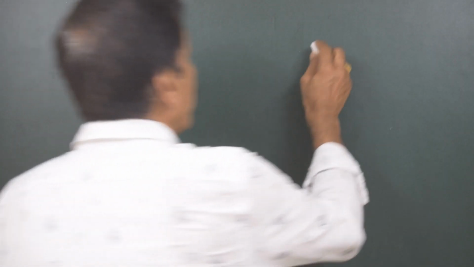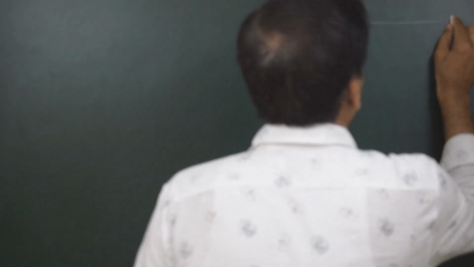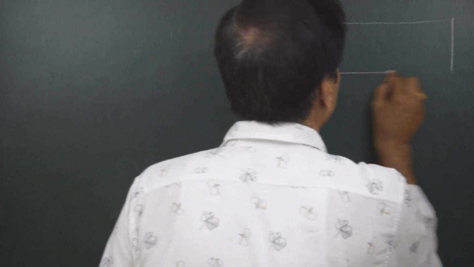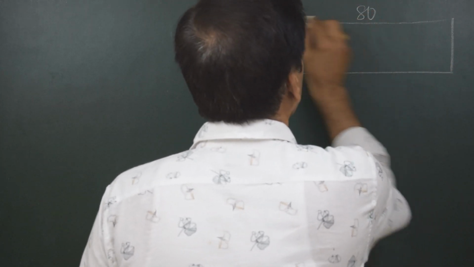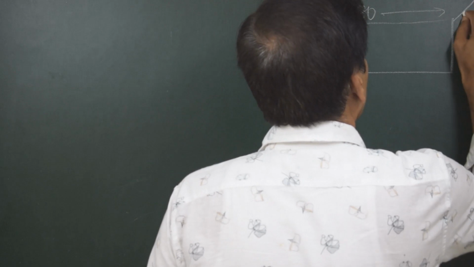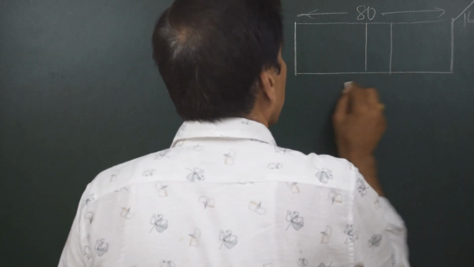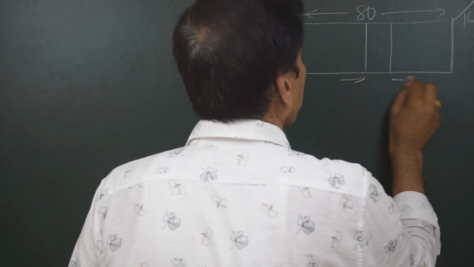So let's say there is a ship 80 meters in length and 16 meters this way. There is a central compartment 12 meters.